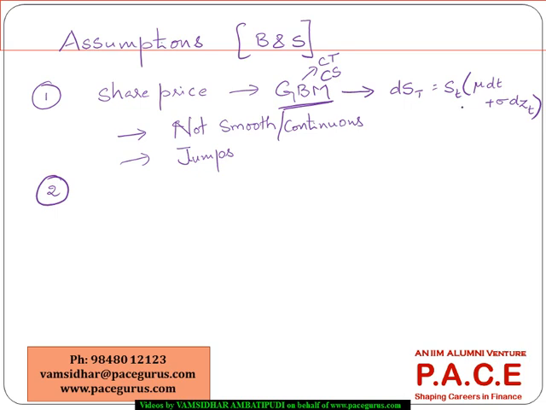So dST is generally given by this if we are going with the geometric Brownian motion principle.